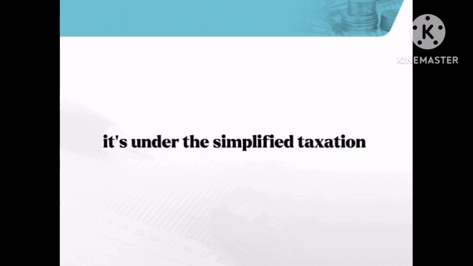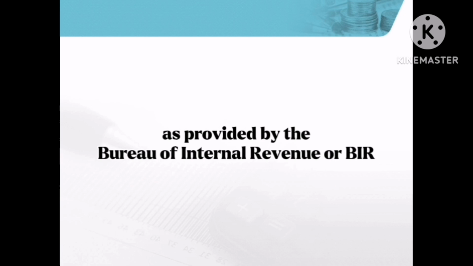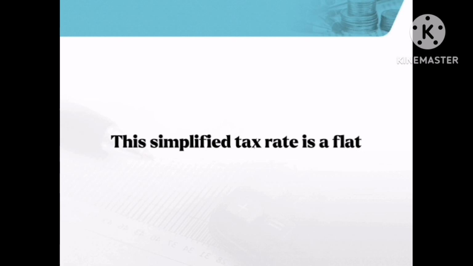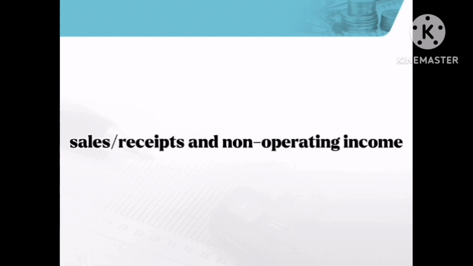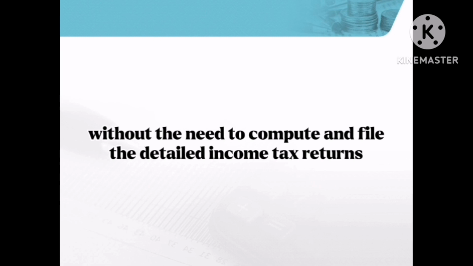It's under the simplified taxation system for small businesses as provided by the Bureau of Internal Revenue or BIR. So, this simplified tax rate is a flat 8% of gross sales or receipts and non-operating income. So without the need to compute and file the detailed income tax returns.